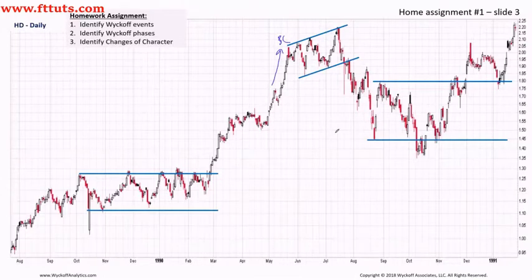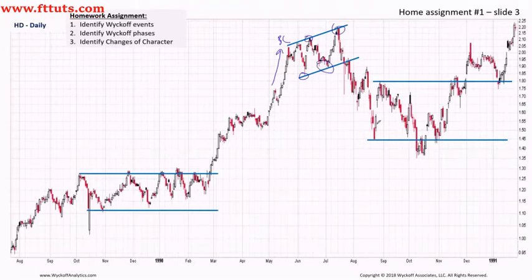Label everything for me. Do not describe what you see, because we see the chart and understand what's happening. I want you to give me short answers on the labeling. So if this is the buying climax, then I want you to label all of these points right here.